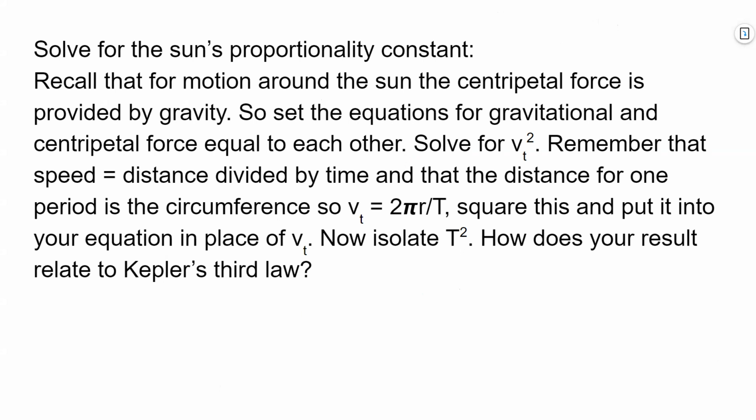And because we know that speed is equal to distance divided by time, we can take the distance, which is the circumference. So we're going to take 2 pi r over T, square that, and put it into our equation in place of tangential velocity. And then we'll isolate for T squared and compare it to Kepler's third law. You can try it, and then I'm going to work it out.